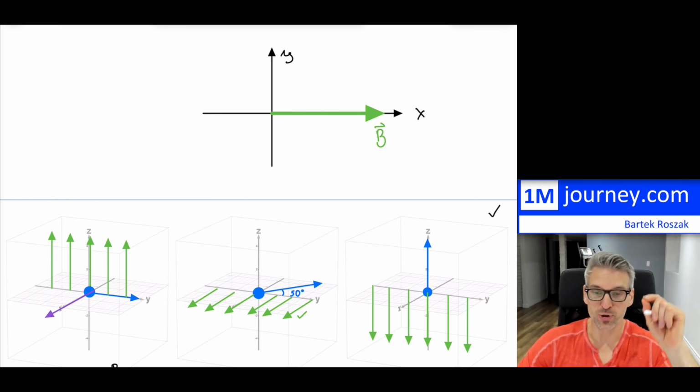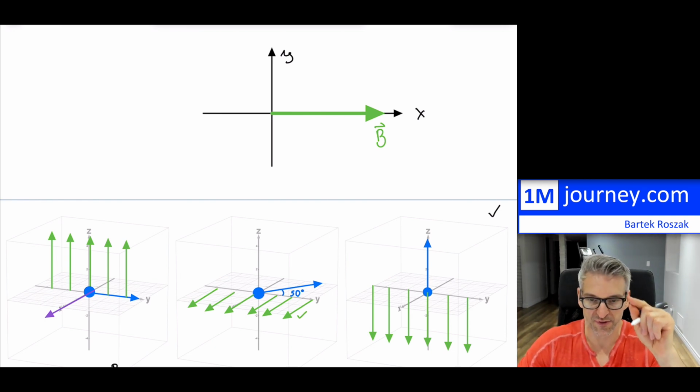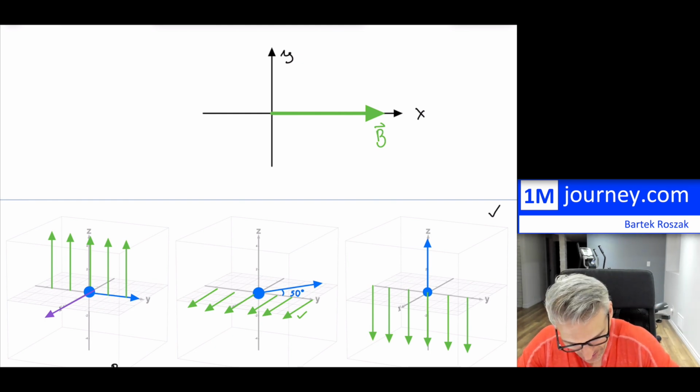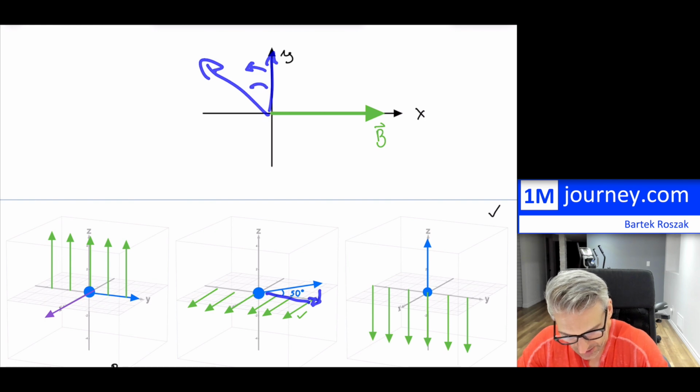Now, the blue, which is the movement, notice it's 50 degrees away from the positive axis of the y. So it's moving away from the positive y, and that angle is 50 degrees.